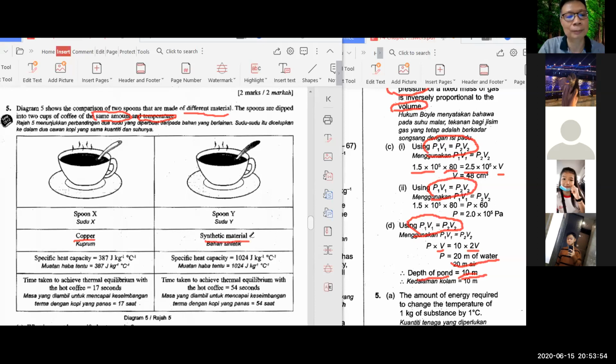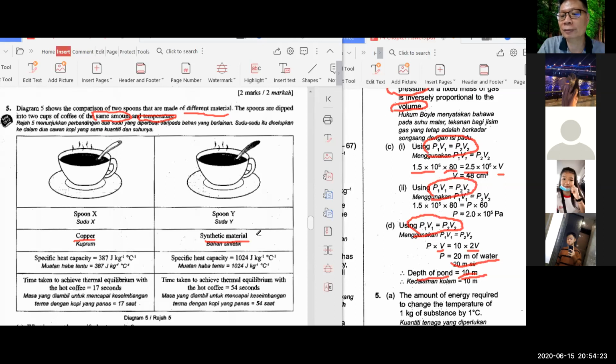It says synthetic. What is the meaning of synthetic, by the way? Synthetic material. Synthetic means what? Lim Yi Wei. LYW. What is synthetic material? I want to test your common sense. Terry, synthetic means what?